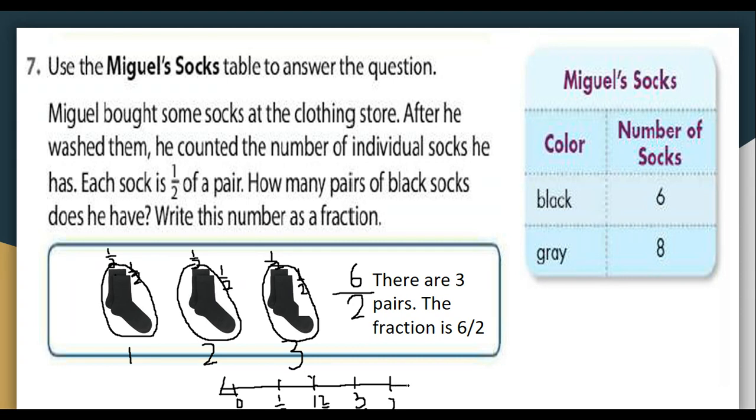So now we need to extend our number line. So we have 2 whole pairs. Now we have 3 whole pairs. So then what would be between here? So we have 4 halves. This would be 5 halves.